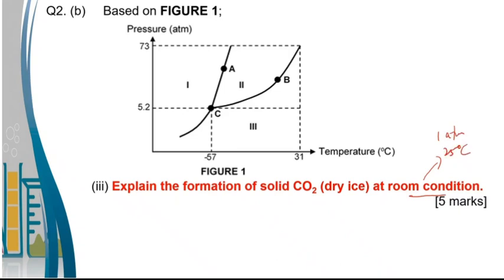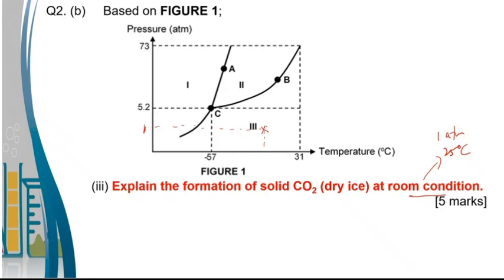So 25 degrees Celsius is somewhere here, and 1 atmosphere is also somewhere here. So this is the point here, where we have the room condition.